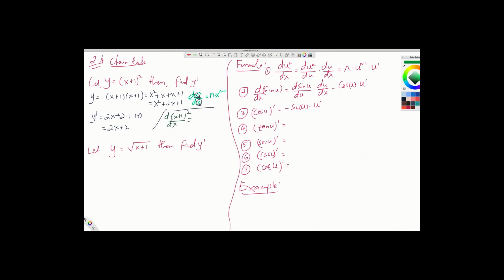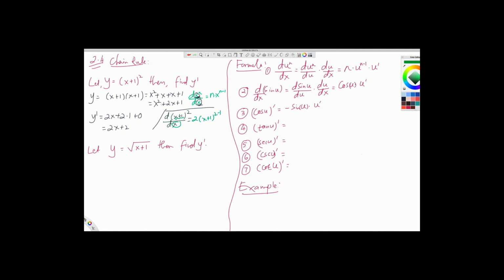It is like x to the n, but that x is x plus 1. There is x plus 1 in the base, while the formula has just x in the base. If they don't match, you cannot write 2 times x plus 1 to the 2 minus 1. That's not how it works. You need to have just x and just x, or just u and just u. You need the same variable in both places to use that formula.